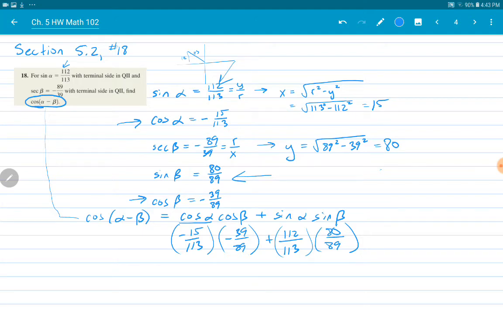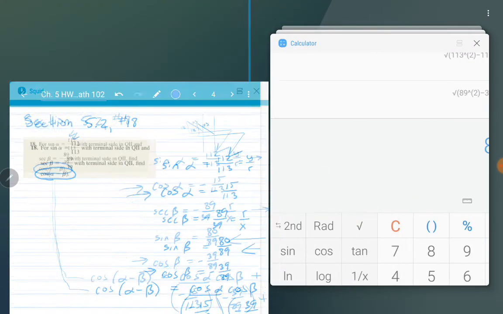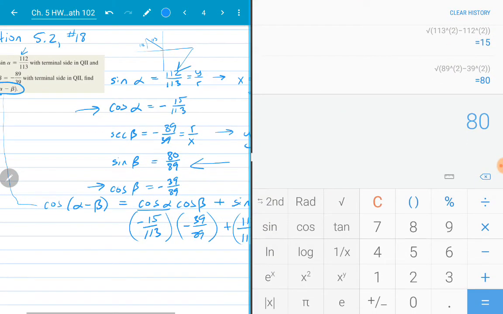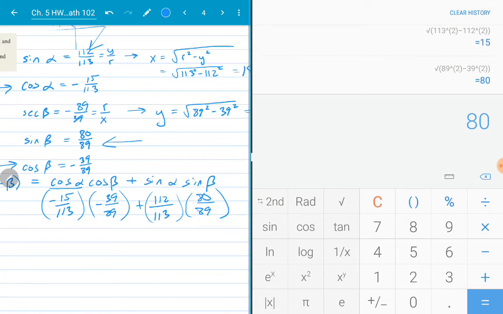And again, this definitely feels calculator worthy with all those big numbers. So I'll grab that calculator again. For the first part, a negative times a negative is going to give me a positive. So I'll just do 15 times 39 for the numerator. That gives me 585.